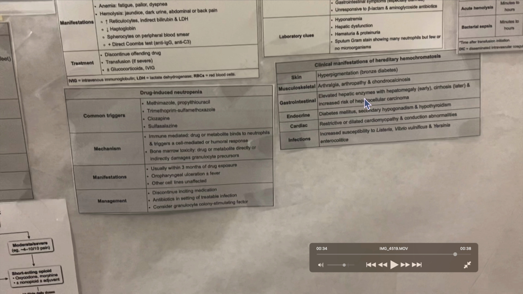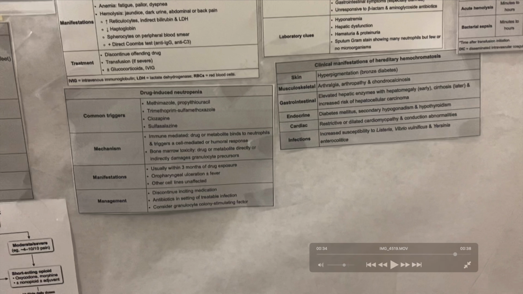Gastrointestinal: elevated hepatic enzymes with hepatomegaly early, cirrhosis later, and increased risk of hepatocellular carcinoma. That's the important thing right there, that someone with hereditary hemochromatosis, their fate is hepatocellular carcinoma.